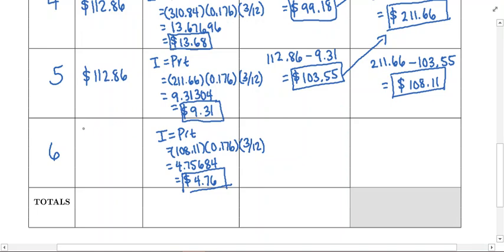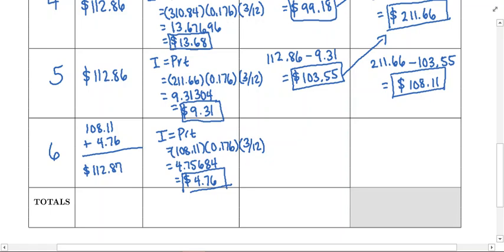Our sixth and final payment is going to be the previous balance, $108.11, plus the last bit of interest that accrued. So we need to add these two together, and if you do that, you're going to get that your last payment is $112.87. So it differs by a penny.